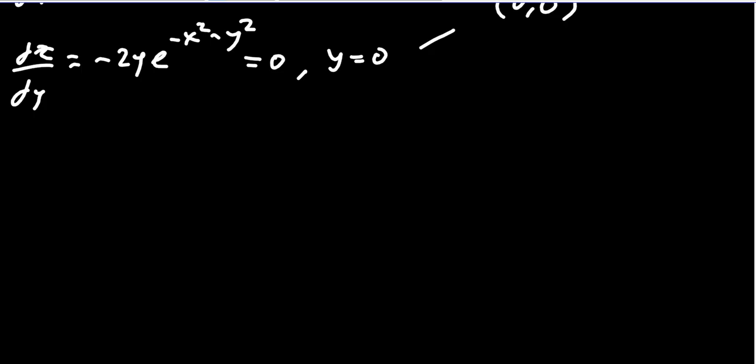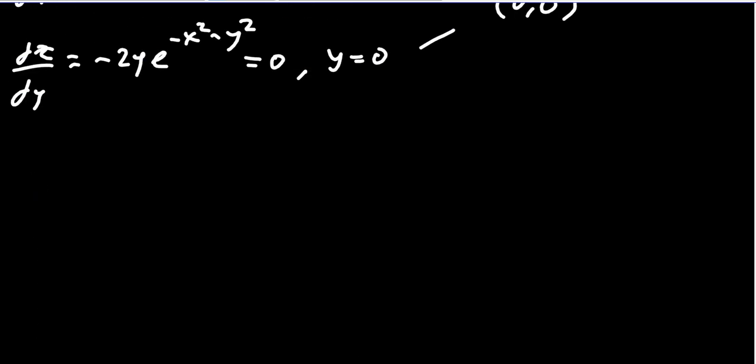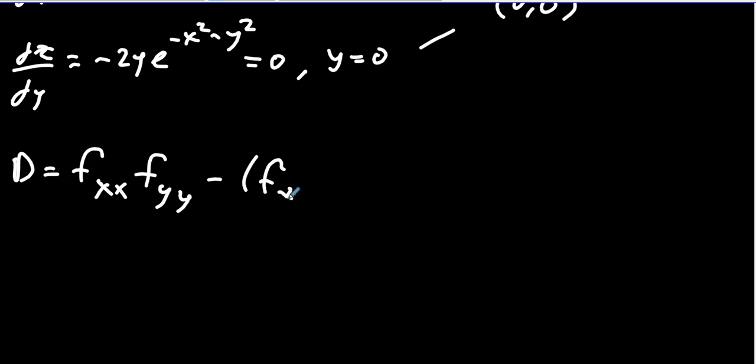The matrix of second partial derivatives essentially says that the determinant is equal to the second partial of f with respect to x times the second partial of f with respect to y minus the second partial of xy, otherwise known as the mixed partial derivative, squared.